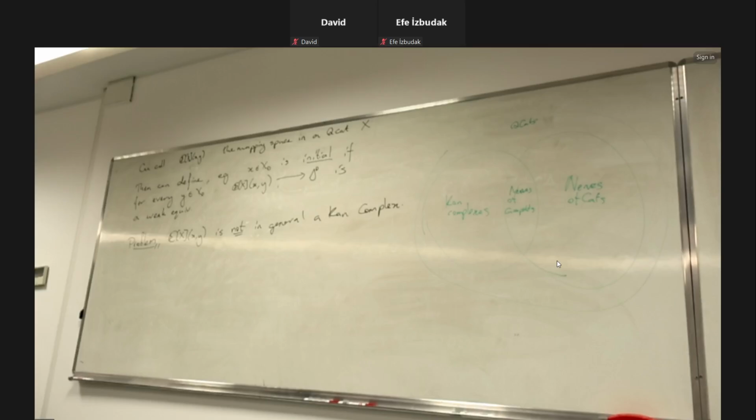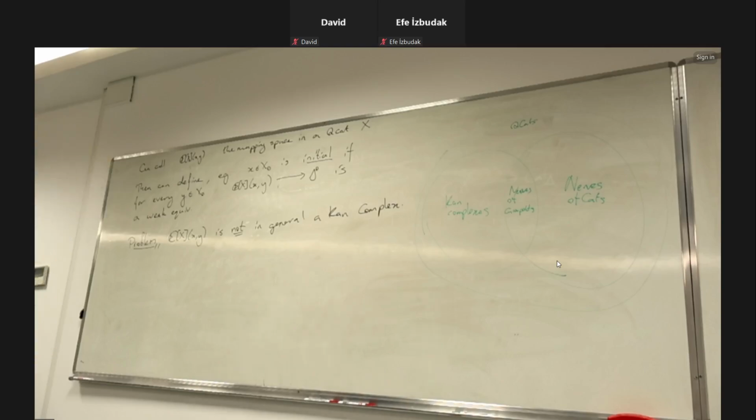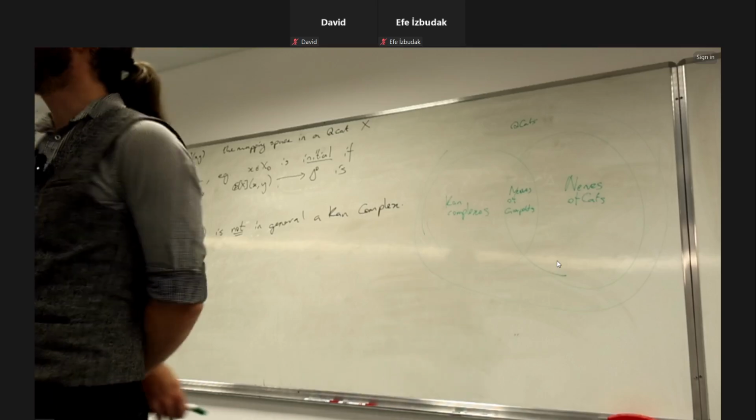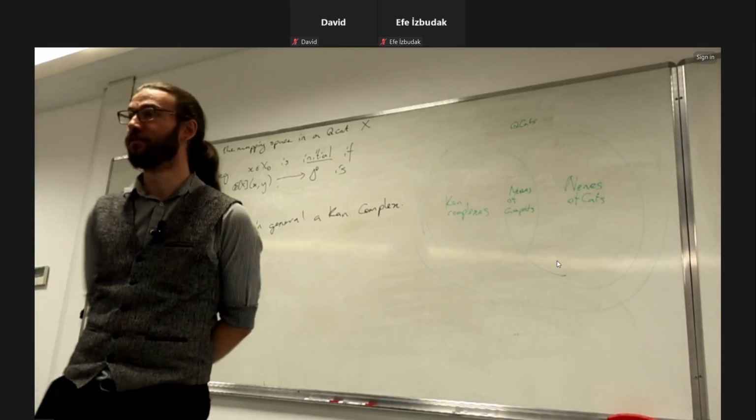So if we localize the Joyal model structure to make some cofibrations invertible, I guess you would get fibrant objects categories. We have to check. Maybe, but again, I think that it is possible, but I do not know the answer off the top of my head, and I wouldn't venture to claim one way or another whether there is such a one. I'm going to slightly bet in favor.